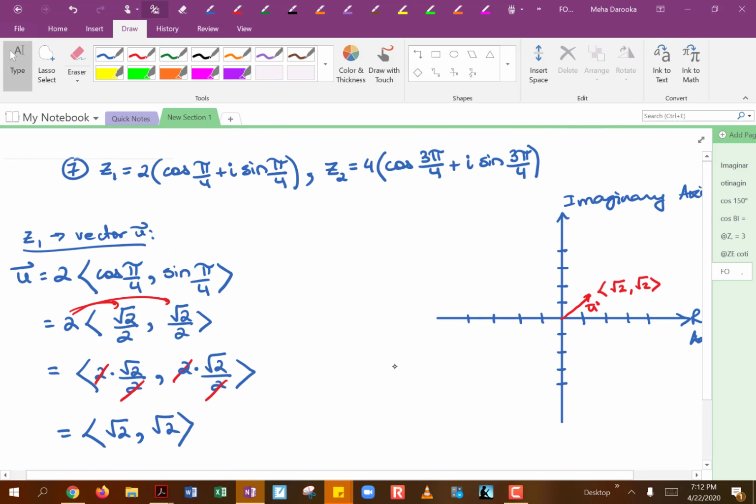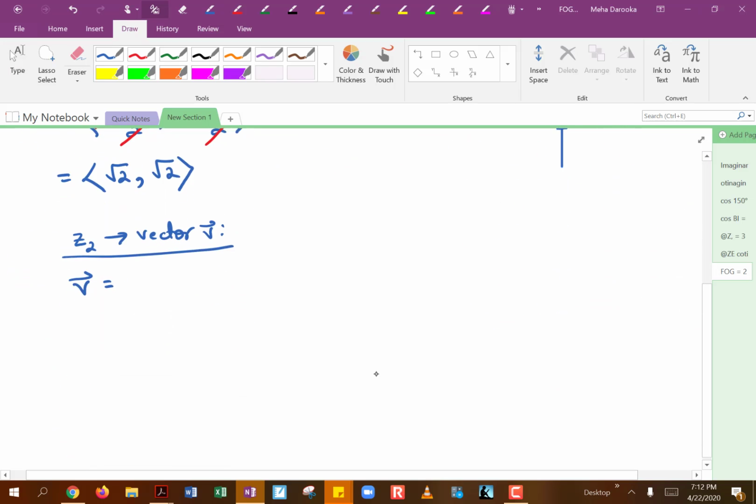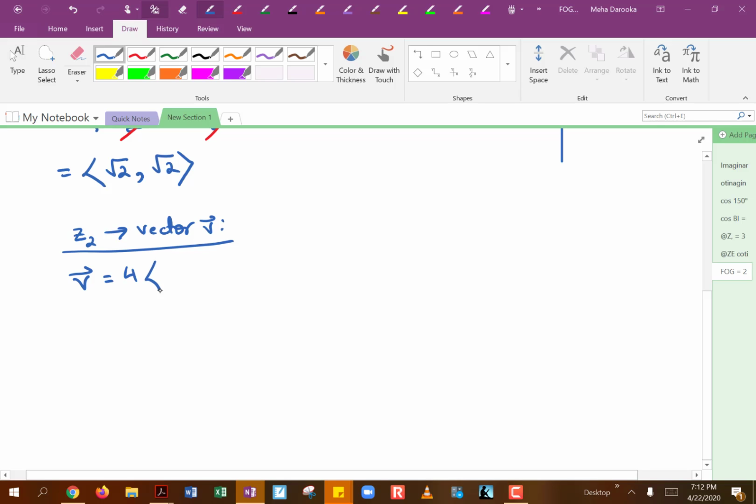So vector v is going to come out to be 4 times cosine of 3 pi over 4 and sine of 3 pi over 4.